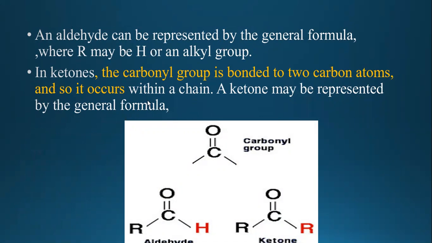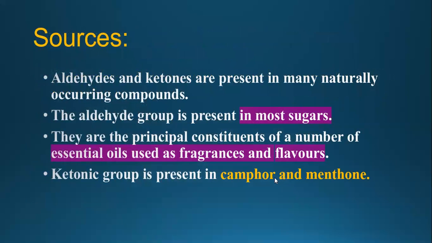But in case of ketonic group, like in this compound, the C double bond O group has two R groups. So the carbonyl group is bonded to carbon atoms, and so it occurs within a chain. A ketone may be represented by the general formula, that is R-C double bond O-R. Hopefully all of the discussion will be clear to all of you.